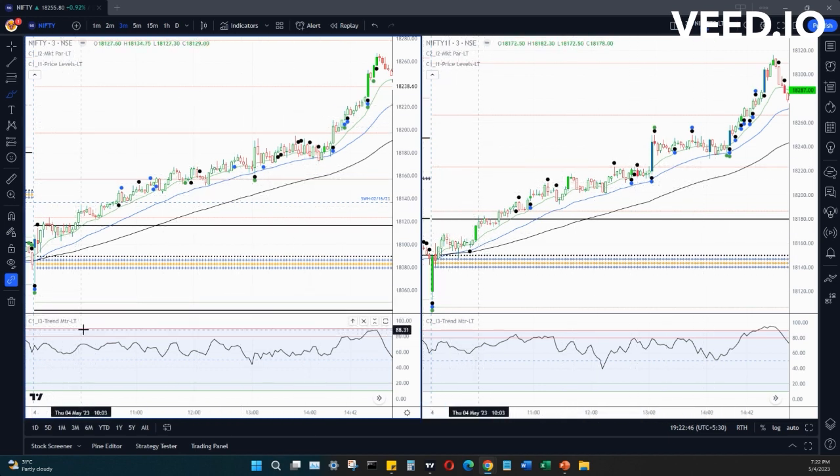And finally we have the trend meter indicator, which indicates the strength of the trend, right? How strong, how weak, whether it is actually completely bottomed out, or has peaked out, and is there going to be any reversal, or is the trend going to continue, right? So all these can be derived out of the trend meter indicator.